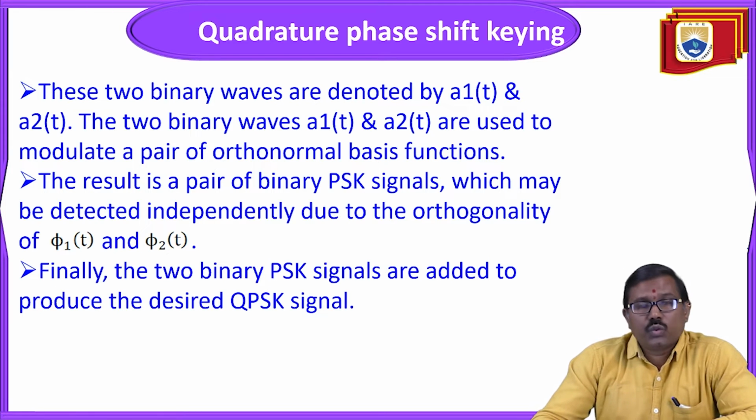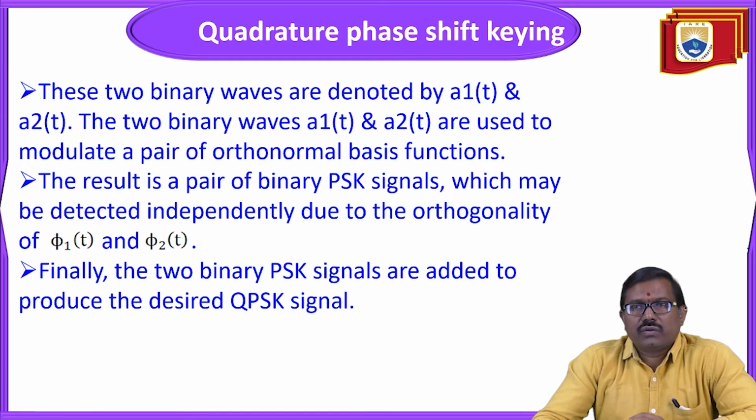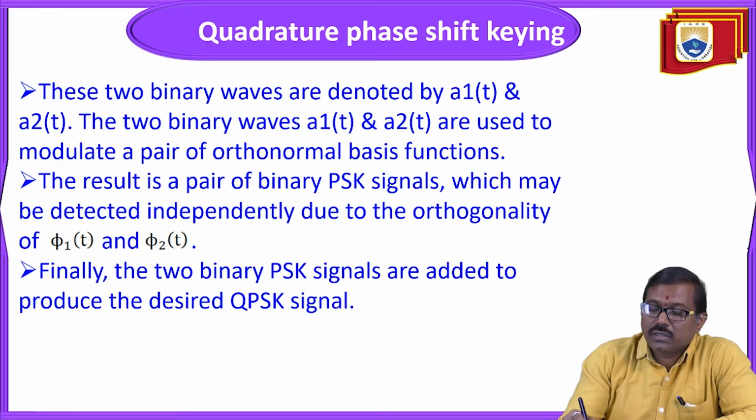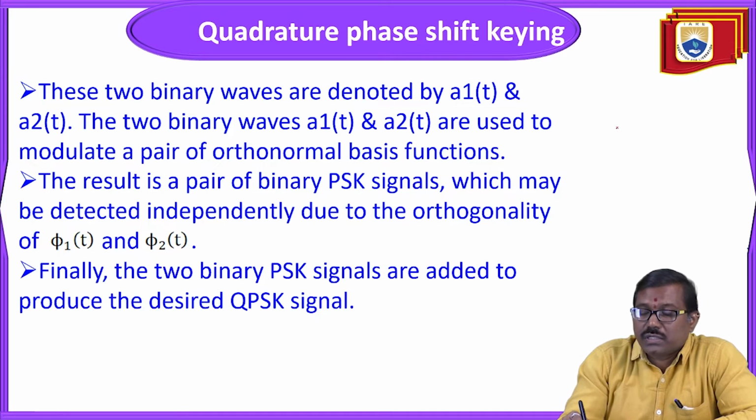Simply, when you add the 2 PSK signals, you get the desired QPSK signal. Why? In that transmitter we have the upper channel and the lower channel, so here the summation is taken.